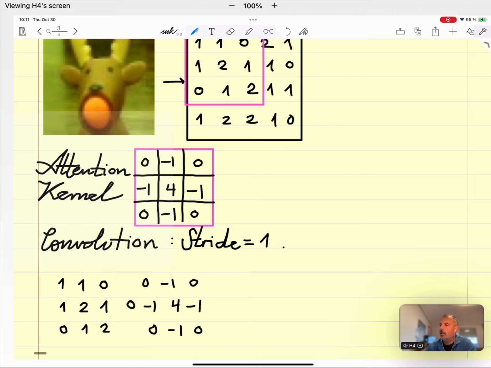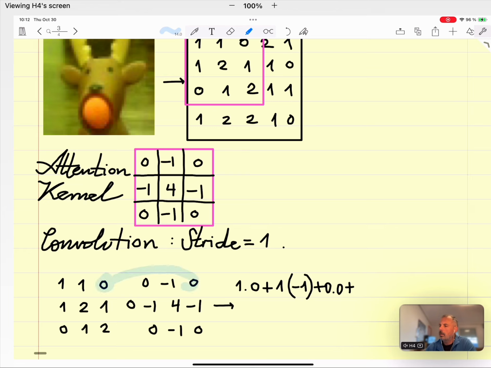As a result of this, I just need to do the element-wise multiplication, which is 1 times 0, 1 times 0, plus 1 times minus 1, 1 times minus 1, plus 0 times 0.